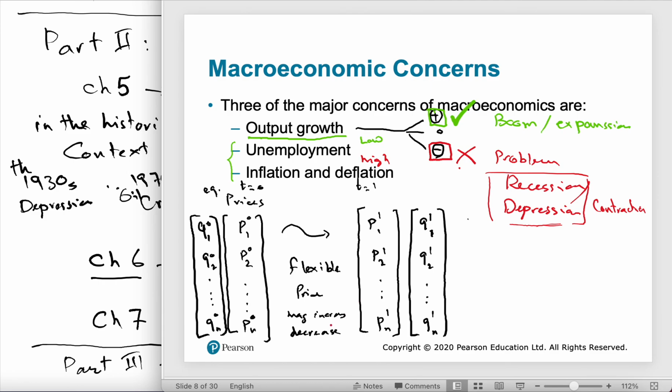So we develop one indicator which shows whether or not all prices have gone up or gone down. If it is going up, we call it inflation. If it's going down, we call it deflation. So high inflation is a problem, and low inflation is good. So in macroeconomics, quite different from micro, we are focused on these three major issues.